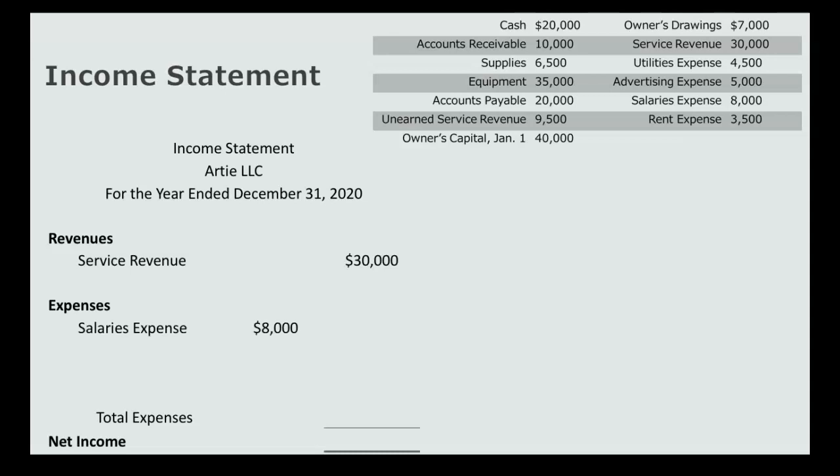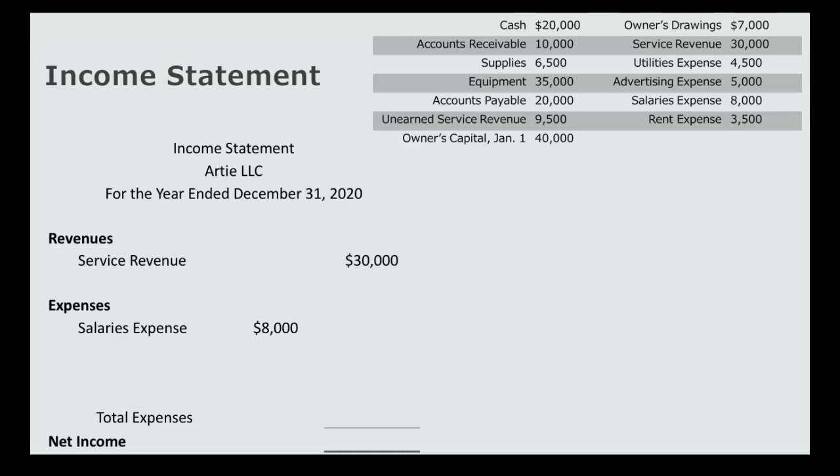So the first one is salaries expense for $8,000. And you'll notice that $8,000 is brought into the middle column, right? It's not as far over to the right as service revenue. And we'll talk about why in a little bit. But just notice that our expenses are being brought into the middle.